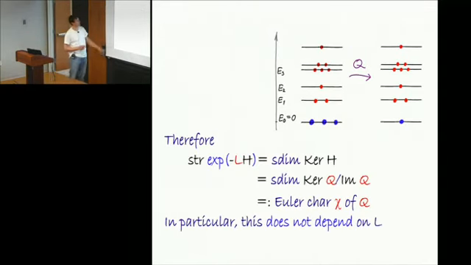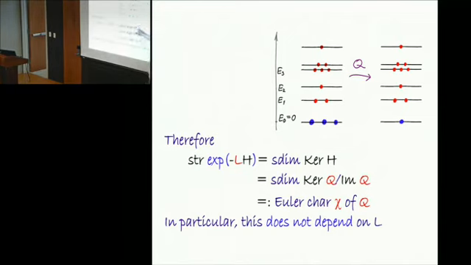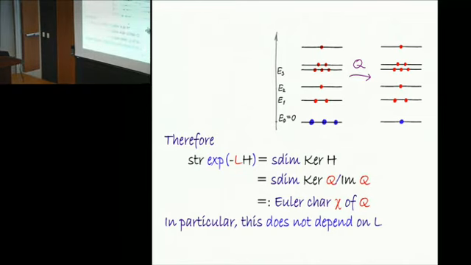So in particular, if I now want to compute the super trace of exponential minus h, this is the sum over all energy levels. But whatever contributes with the plus exactly contributes with the minus, so it cancels out, and we are left only with the computation on the zero energy level. First, the super trace is just the super dimension of the kernel. Kernel is the blue dots here.